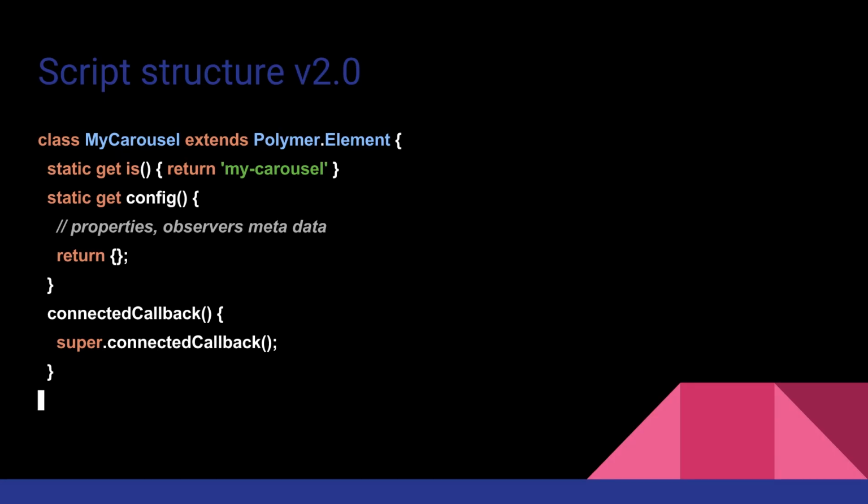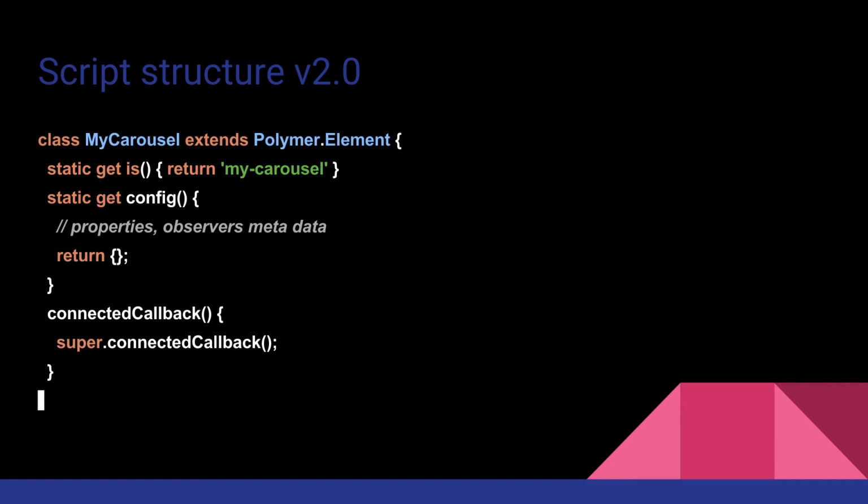And here we have the new script structure. This is because the web component standard is actually becoming more whole and more set and more implemented. So this builds on the HTML element, which is the web component standard. The Polymer element will extend that HTML element, and all these callbacks, connected callback, disconnected callback, attribute changed callback, and so on, are in the spec of the HTML element or the web component. So what does Polymer add then?